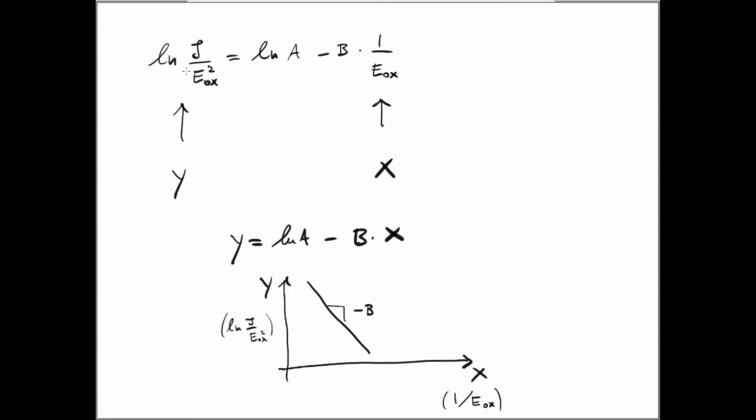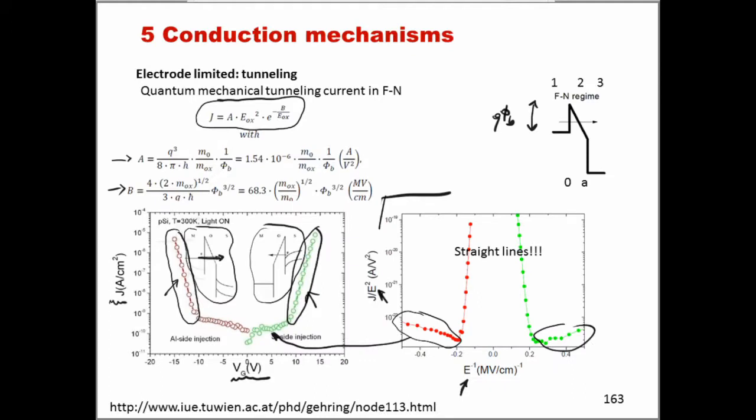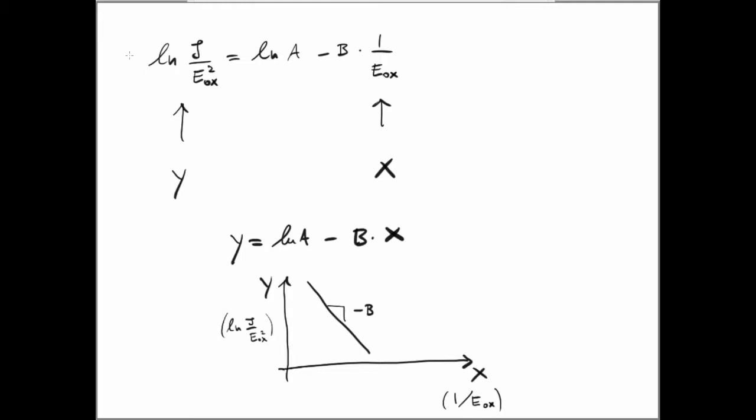If we take this expression and divide both sides by E_ox squared and then calculate the logarithm on both sides, so basically we are calculating this quantity, we can easily see that this is equal to the logarithm of A minus this term here.